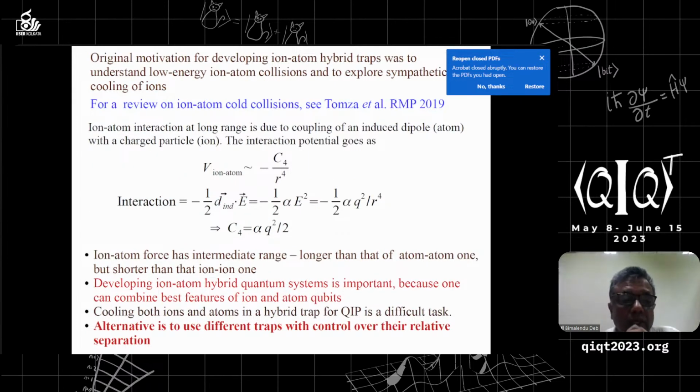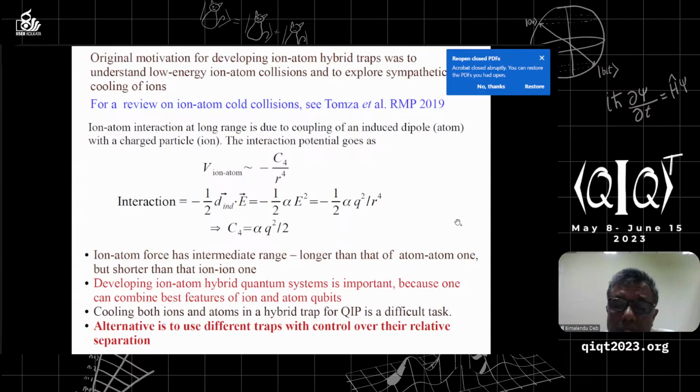So developing an ion-atom hybrid quantum system is very important, because one can then combine the best features of ionic and atomic qubits. Ion qubits have long coherence time, which can be of the order of seconds to minutes.